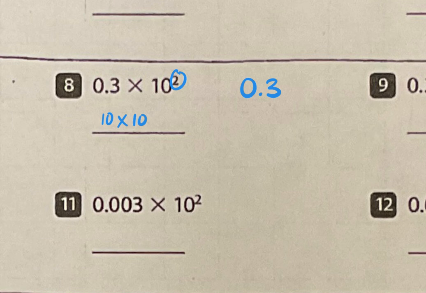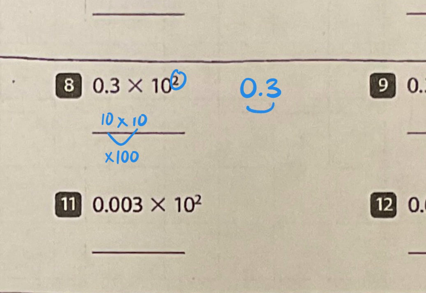That also means that I'm really multiplying by what? 100, right? So really, I am moving this 3 2 places to the left because it's gaining value, right? Because we're multiplying. We're not dividing, so we are gaining value.